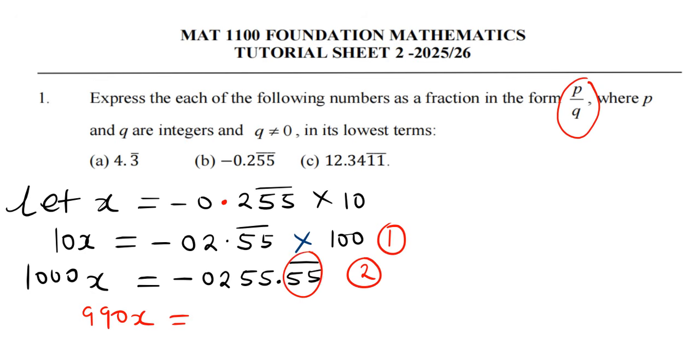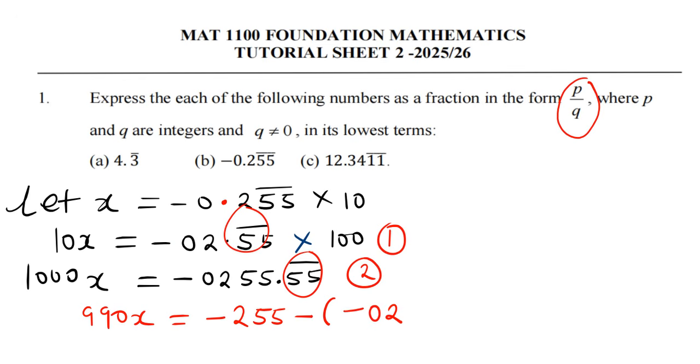Every time there's a repeating part and I'm subtracting, those areas will give me zeros. Therefore, I'm just going to subtract. Here there is negative 0.2, now the 0 in front doesn't really change anything, so I can write it as negative 255 minus, now don't forget this one also has a minus, so we have a minus 0.2.